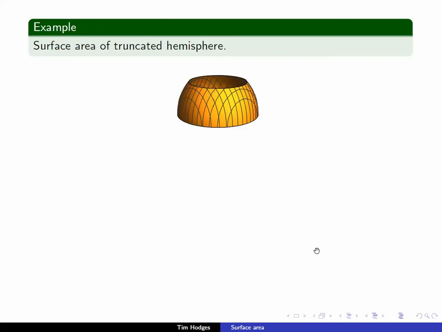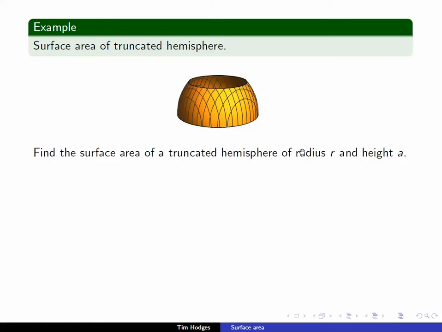Let's find the surface area of a truncated hemisphere. And this one we'll set up from scratch. So we just imagine now a hemisphere of radius r that we truncate at height a above the ground. So how do we set this up as a surface of revolution?